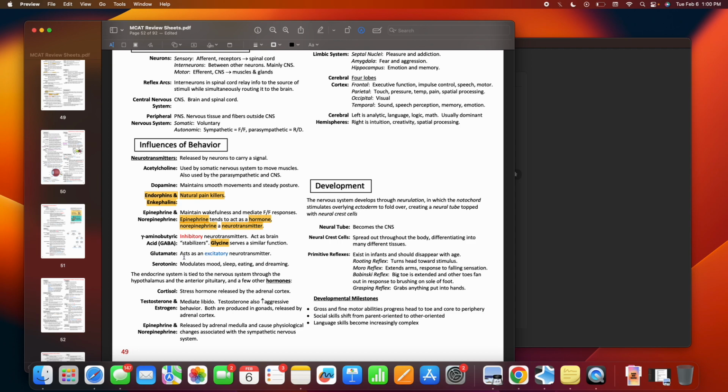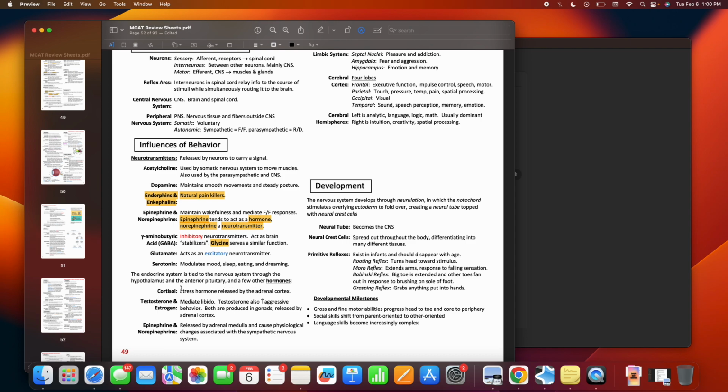Glutamate acts as an excitatory neurotransmitter. Serotonin modulates mood, sleep, eating, and dreaming. And the endocrine system is tied to the nervous system through the hypothalamus and the anterior pituitary, and a few other hormones.